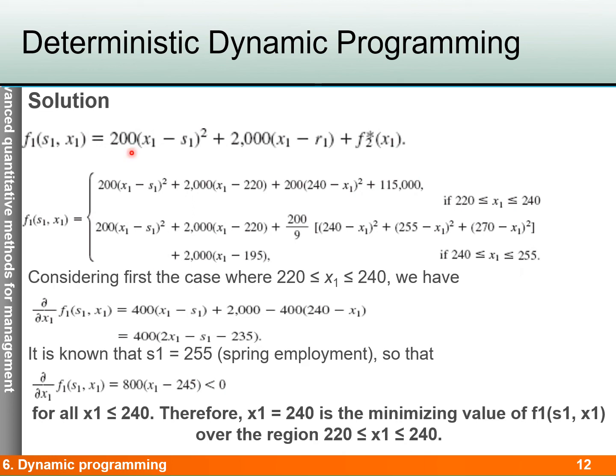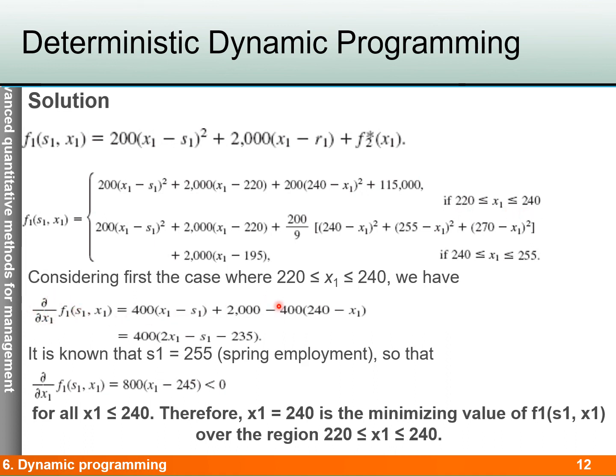If I put the formula of f2 star x1 that we found in the previous part in these two formulas, it gives us this formula for 220 and 240, and this formula for 240 and 255. Let's consider the first one, that is 220 and 240.